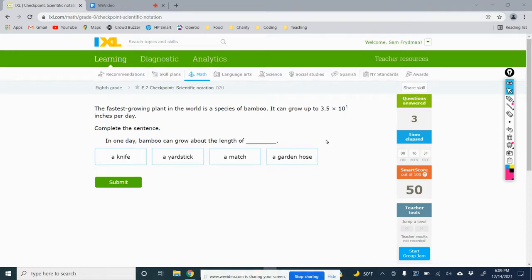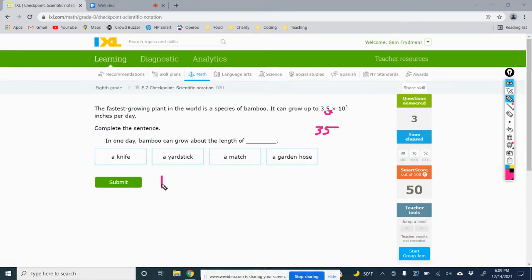Okay, so we should... This is kind of a weird problem, actually. Okay, so 3.5 times 10 to the 1st. We'll move this 1 space to the right, and we get 35. Okay. Let's just talk about some measurements.